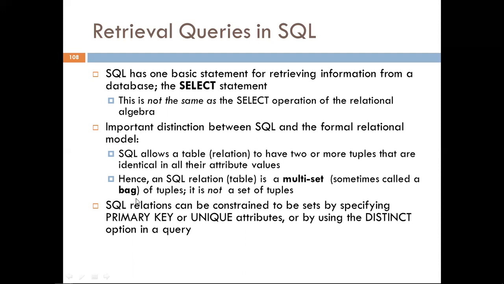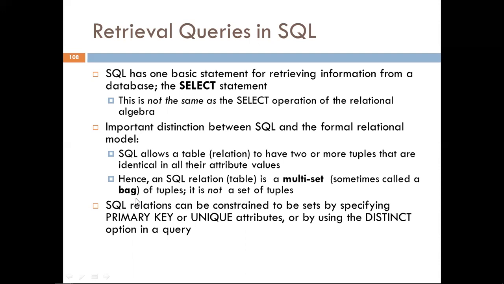So in the data stored in a table, two rows can have the same values for all the attributes. Then that will become an example of a bag.